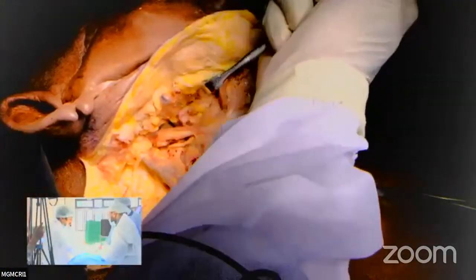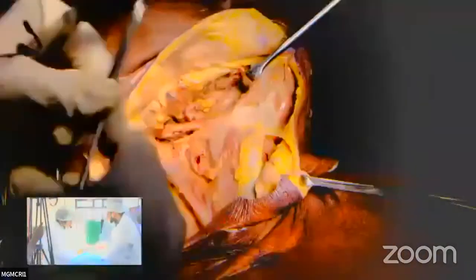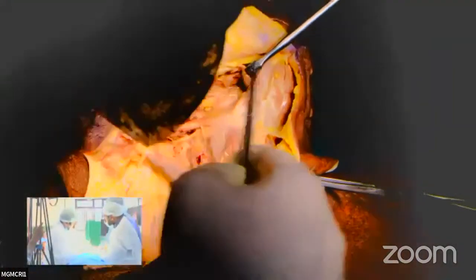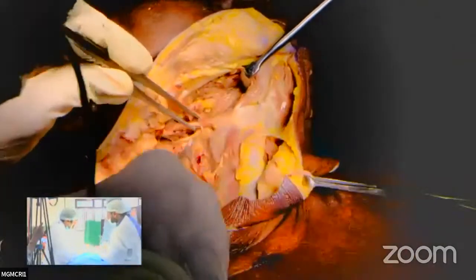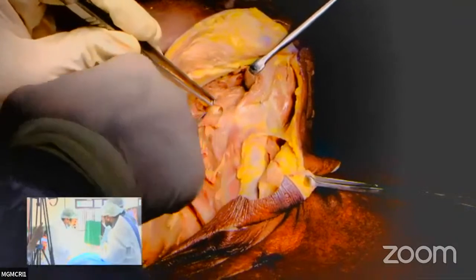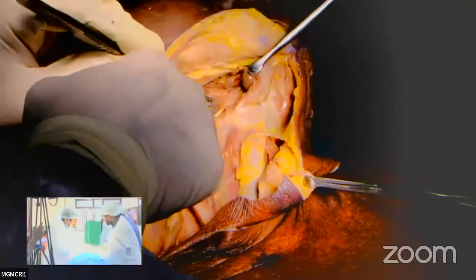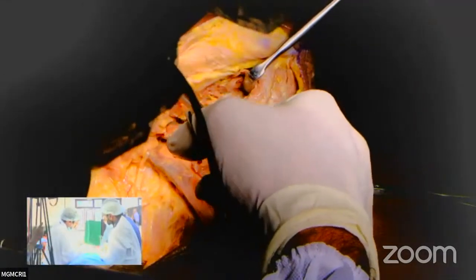You retract the mylohyoid gently, you will see the hypoglossal nerve here. This is the hypoglossal nerve. As we dissect further, you can see it better. And here you have your lingual nerve.